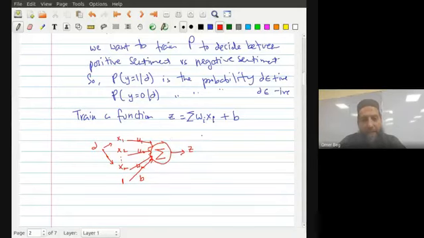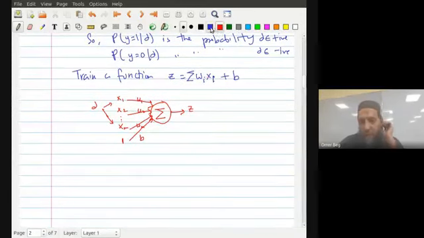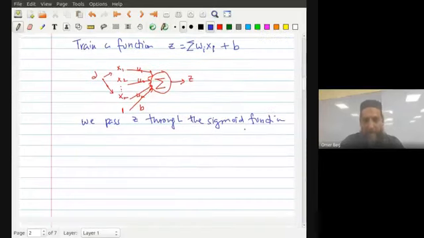But if we are looking at probabilities, nothing forces this z to be between 0 and 1. So that's where we need the sigmoid. So what is this sigmoid? We pass z through the sigmoid function. The sigmoid function is also known as the logistic function.